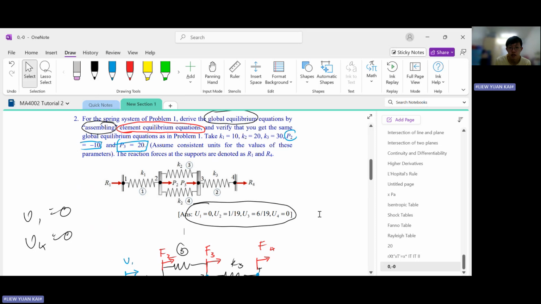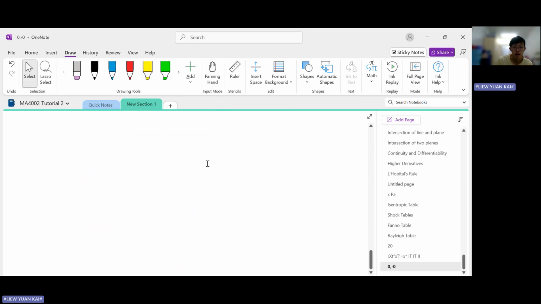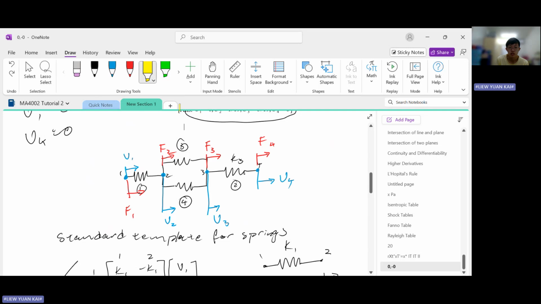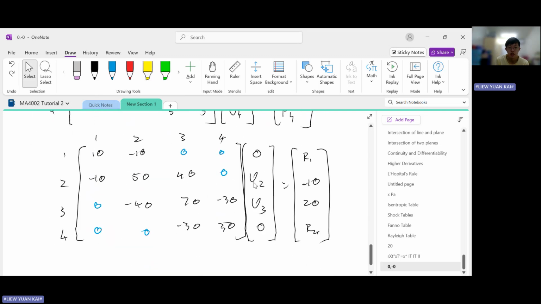So let's calculate the displacements using this global equilibrium equation. So what do you do next? The next thing you do, because the boundary conditions at 1 and 4 are 0, is you must reduce the global equilibrium equation. Reducing literally means making it smaller. And what do you do?